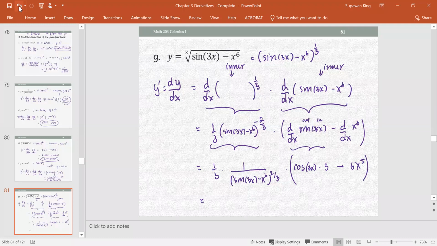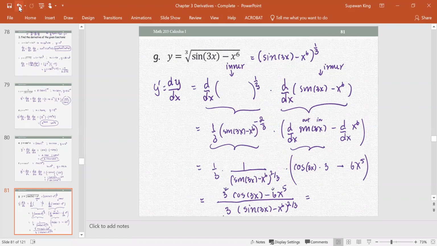Rewrite the terms. Now we have 3 times cosine of 3x minus 6x to the 5th, all divided by 3, multiplied by the quantity sine 3x minus x to the 6 to the power 2/3. We can simplify a little bit more as we see 3, 6, and 3. The common factor would be 3.